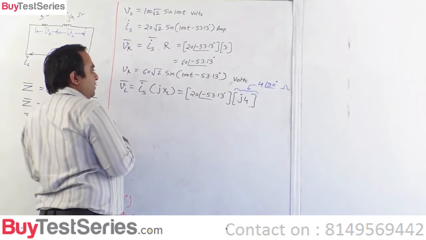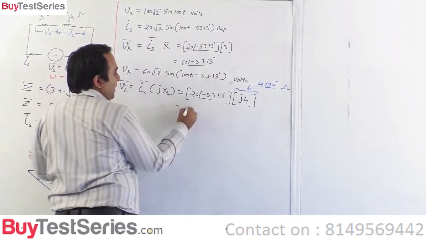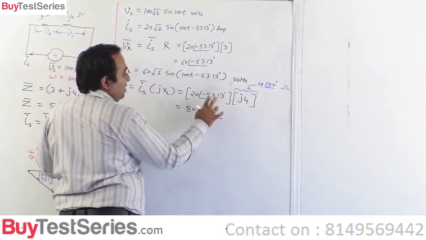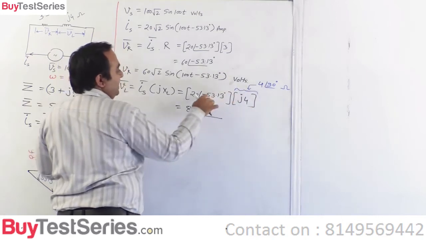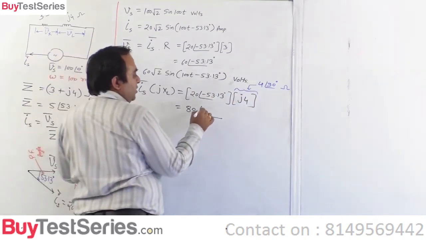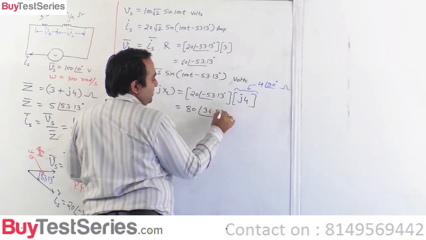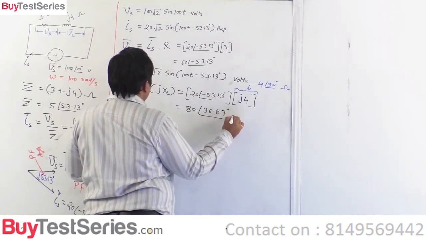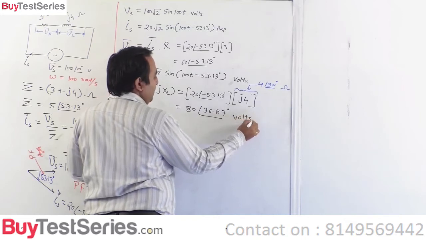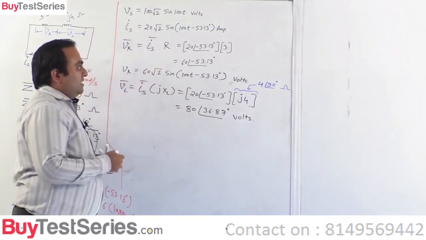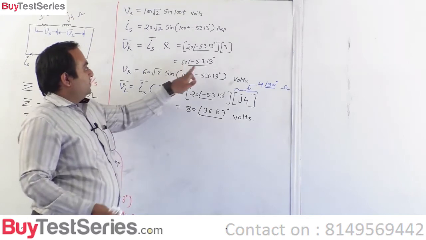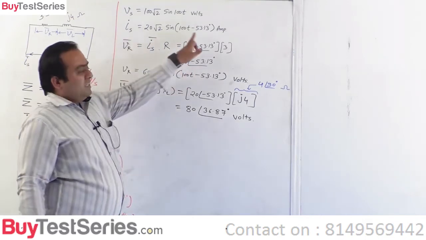So it comes out to be 80 angle, when you add this 90 degrees and this minus 53.13, you get 36.87 degrees, this much of volts. As you can see, this phasor VR is in phase with IS.